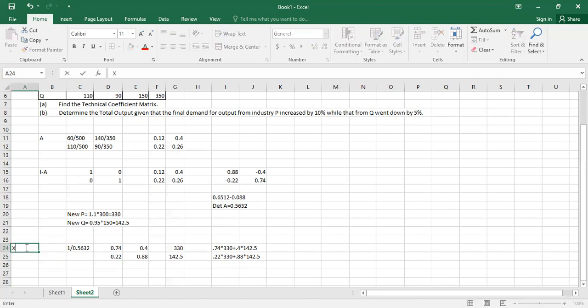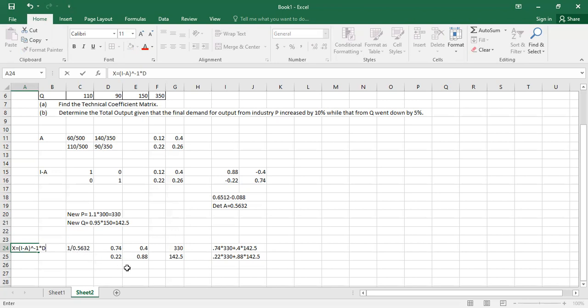I've said X is equal to (I minus A) inverse multiplied by D. So this is what we've done.